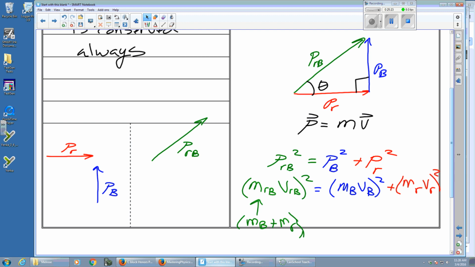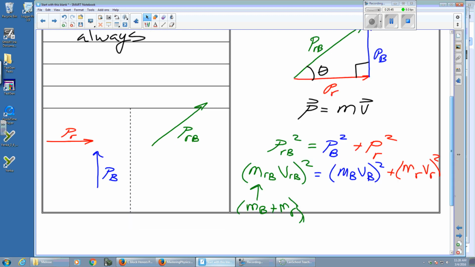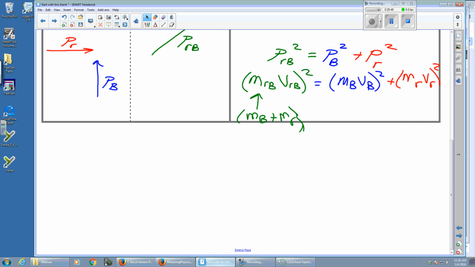I think I'm going to use the opposite and the adjacent side because I know those sides, they give them to me. What trig function relates the angle to the side opposite it and the side adjacent to it? Someone besides Adam. Tangent. Excellent. So the tangent of theta is going to be the blue side over the red side. So tan theta equals the opposite, PB, over the adjacent, PR.